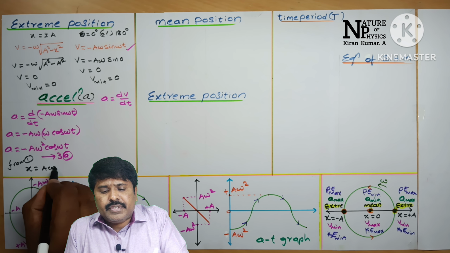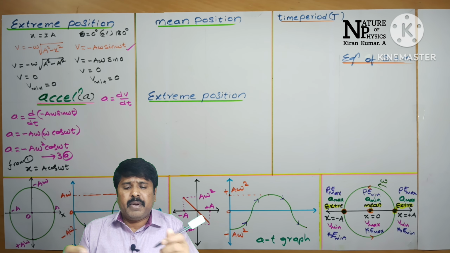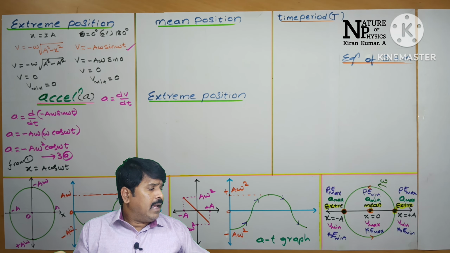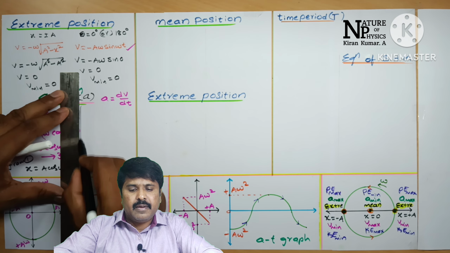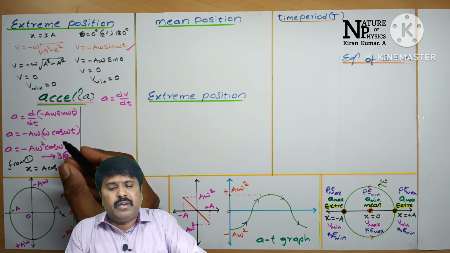In this equation we can replace from equation number 1, that is x is equal to a cos omega t. A cos omega t is replaced, so that I will get the second equation for the acceleration.